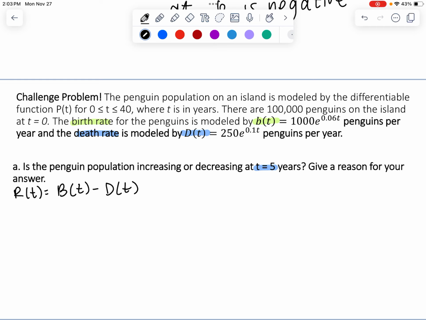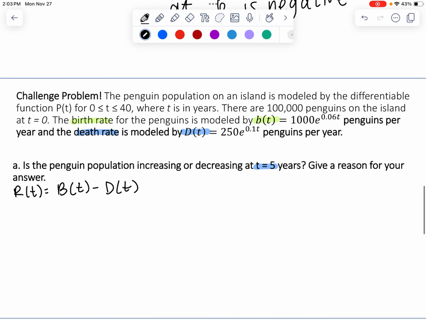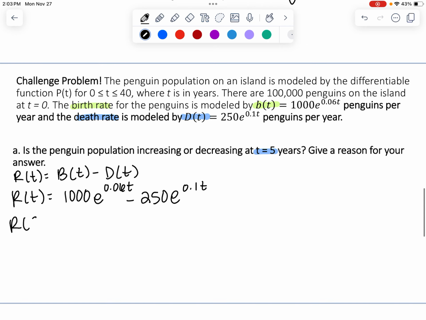If when I do b of t minus d of t and it comes out negative, that would mean the penguin population is decreasing. So specifically, I'm going to plug in those two functions first. That'll be 1,000 e to the 0.06 t minus 250 e to the 0.1 t. And then specifically, I am concerned about the rate at 5. So I'm going to plug in 5 here.